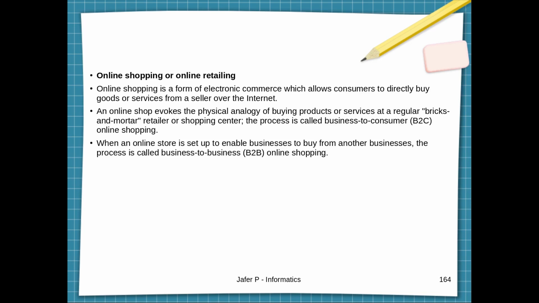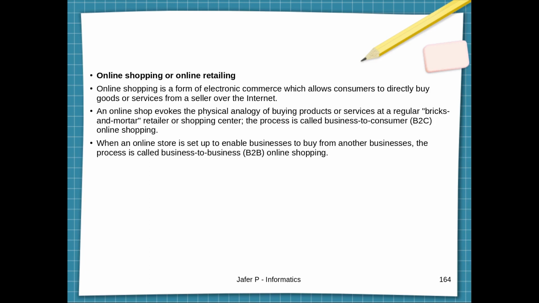When an online store is set up to enable a business to buy from other businesses, the process is called business to business. Suppose there are some websites where they buy products from other business partners, and they will sell by using their websites, right? For example, there are some websites where they collect agricultural products from farmers.